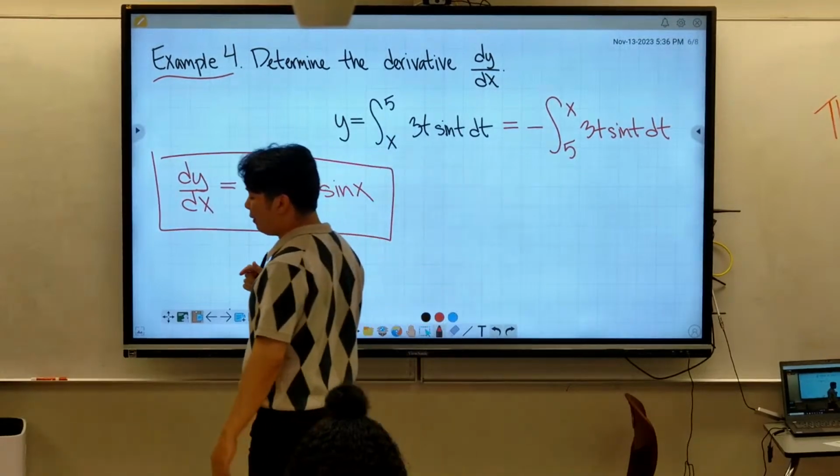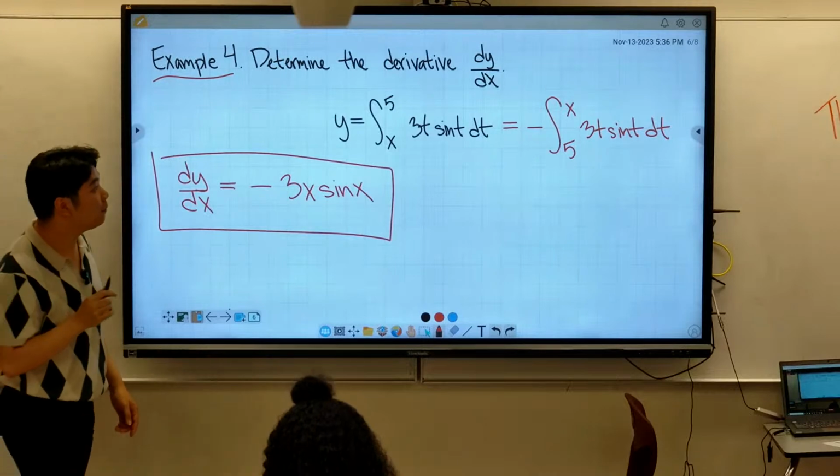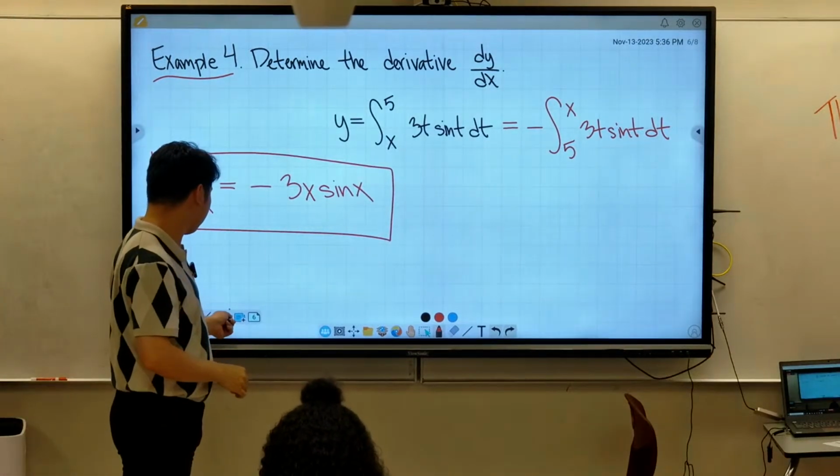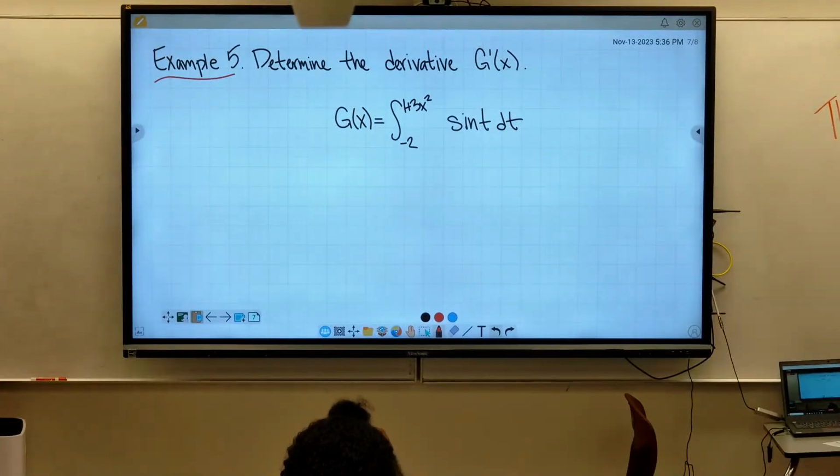And actually the answer to that is going to rely on an old rule that we've already covered in class before. Let's look at this. I've got g of x is equal to the integral from -2 to 1 plus 3x squared of sine of t dt.